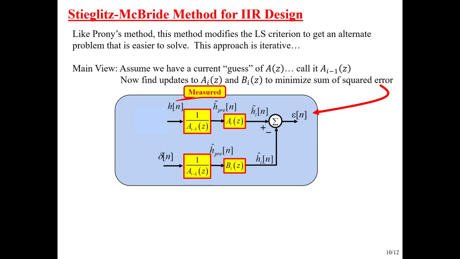So let's now set up this scenario. I've got this, and so I can figure out what H of n going through this known IIR filter and this delta function going through this known IIR filter. And now I've got two things, a tilde and a hat. I call them pre because they have been pre-processed by that.